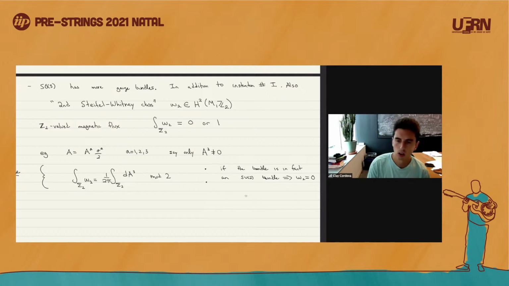So this is what I meant when I said that SO3 has more gauge bundles. In addition to the instanton number, we also have this second Stiefel-Whitney class.